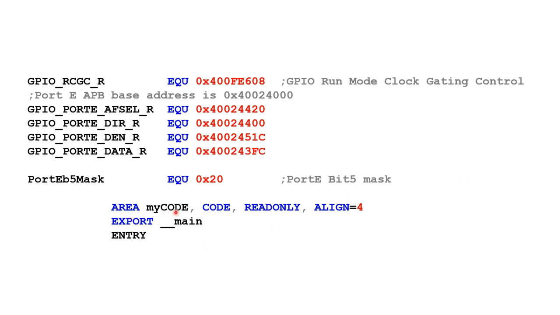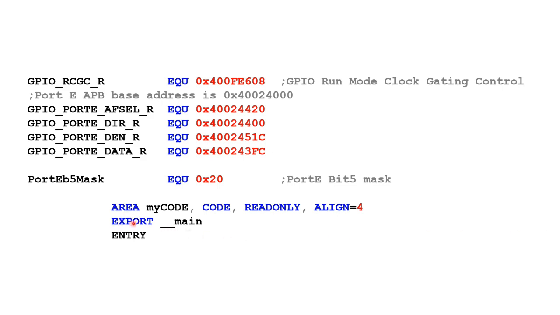Here I define the section of area code where the code is stored and all its attributes. The export here is exporting this symbol __main, and then the word entry denotes the beginning or the entry point of the program.